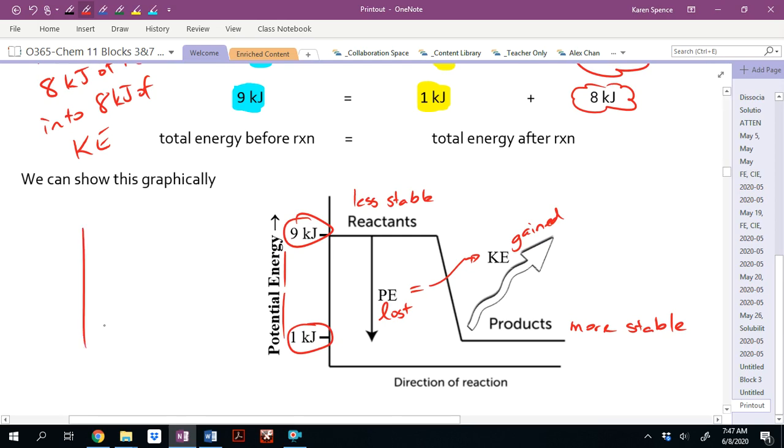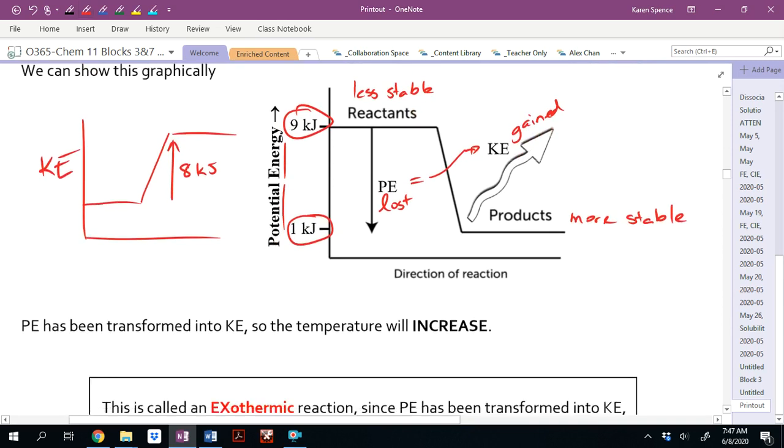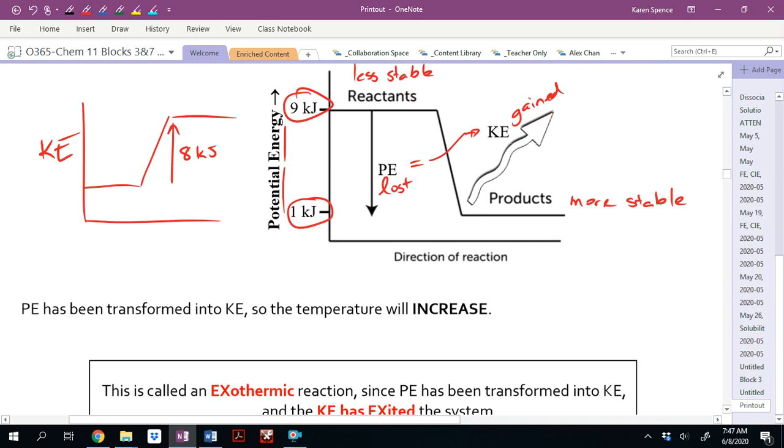If we were to draw a kinetic energy graph, it would look the other way. It would go from being lower to being 8 kilojoules higher. Because our kinetic energy has increased, we had potential energy transformed into kinetic energy, and the temperature is going to increase.